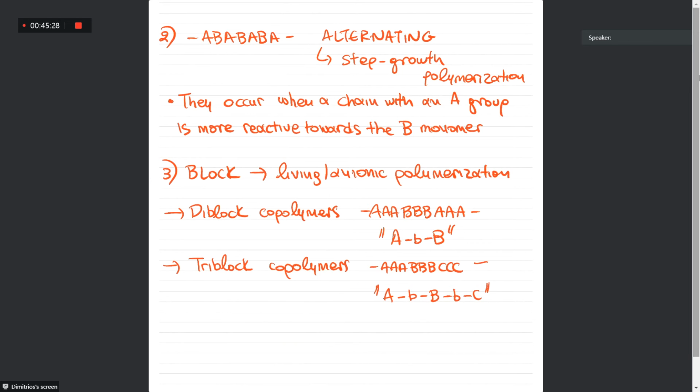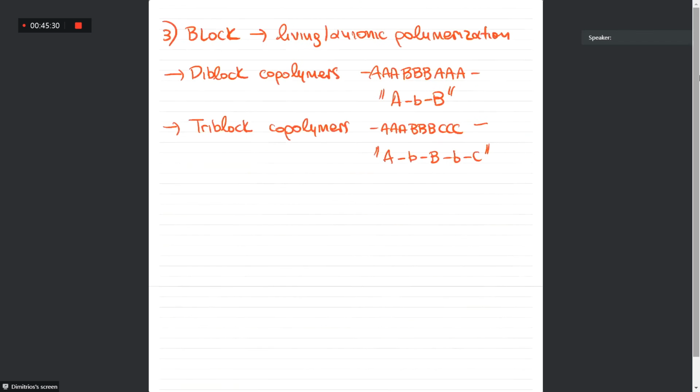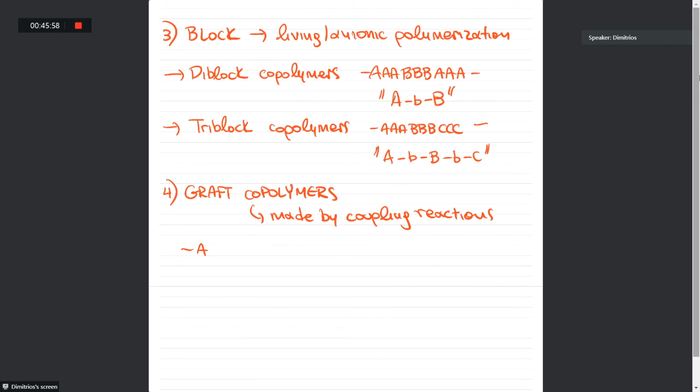Okay, we also have graft copolymers. These are made by coupling reactions. So in this case, we have a main chain with A's, let's say.